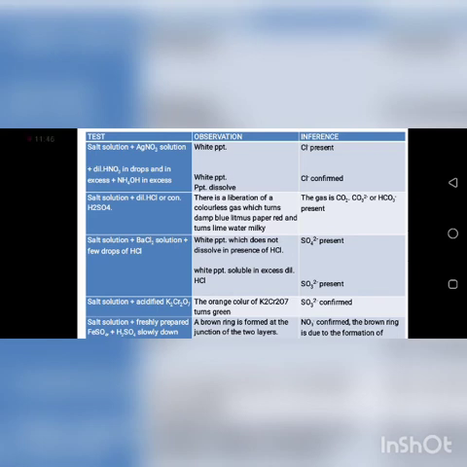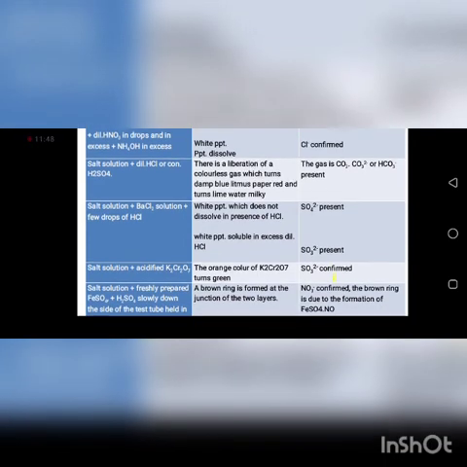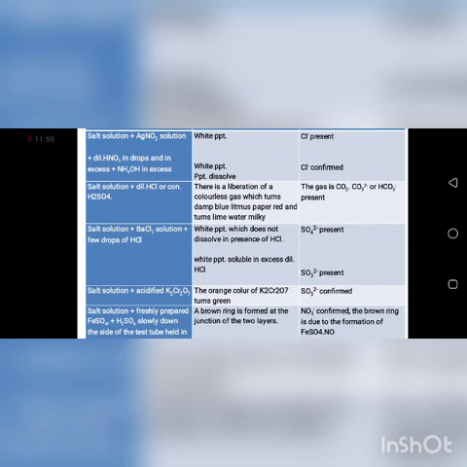Okay, so the next one is when you add barium chloride solution to the unknown sample solution plus a few drops of HCl. Now, if a white precipitate is formed which does not dissolve in excess HCl, that confirms that SO4 2- is present.